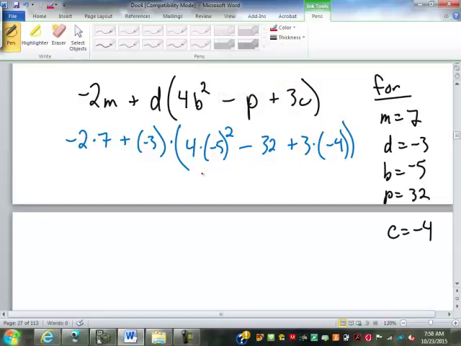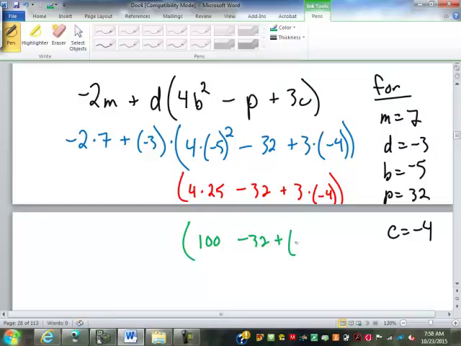So 4 times, what's negative 5 squared? 25. Four times 25 is 100, minus 32. 3 times negative 4 is negative 12.